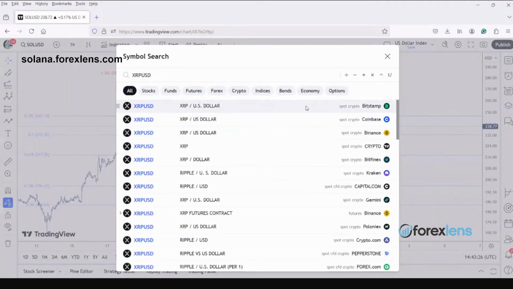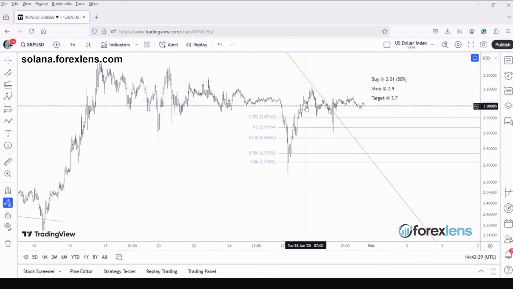Ripple, we would be waiting to see a dip now. We don't want to commit at this price. 3.01, and that should be fine. Otherwise, right now it would be a riskier affair because we want to play a good risk reward ratio as well.